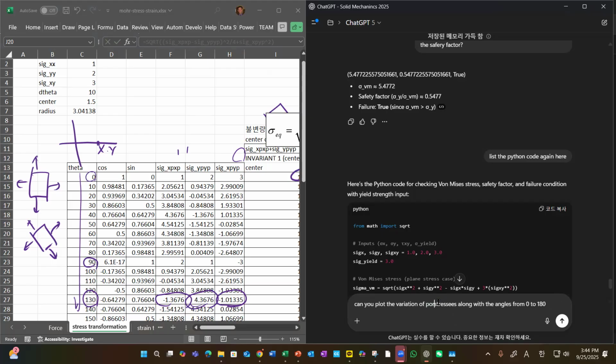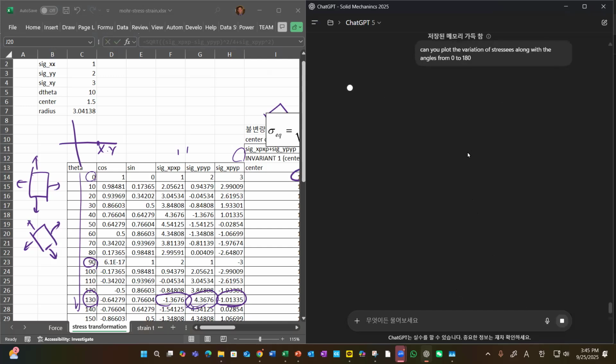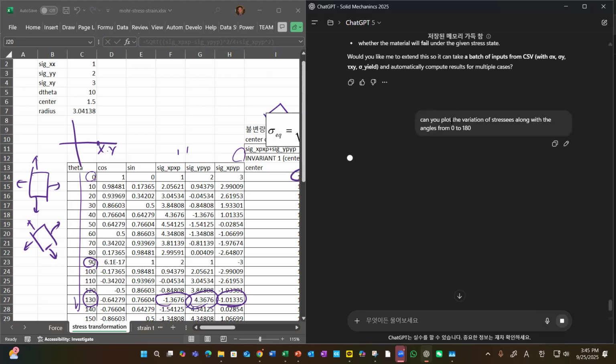Even if I mistype, they understand. Okay, not principal, just the stress variation of stress along with angle from 0 to 180. Let's see what it shows. I asked it to plot the stress variation along the angle from 0 to 180.